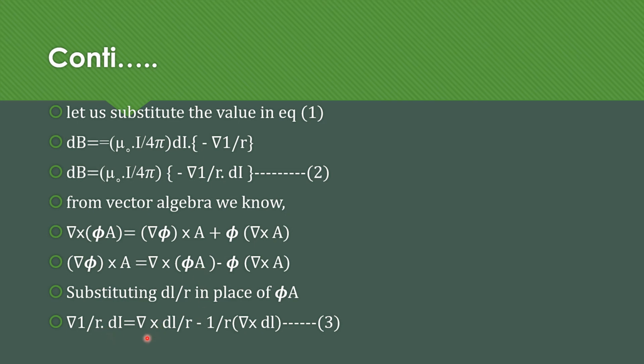So similarly it becomes del cross (dL by r) minus (1 by r) into del cross dL. Okay, so this equation is in the vector form and we'll denote this as equation number 3.